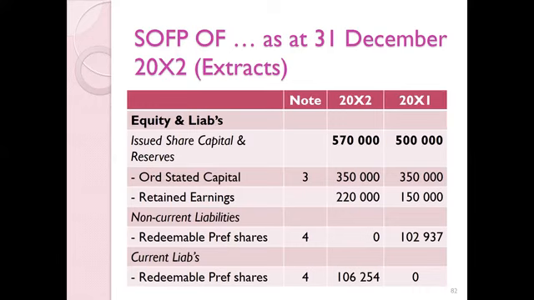financial position. As you can see, in 20X1 our redeemable preference shares at that stage were going to be paid in 2 years' time. So it was non-current, and that balance is equivalent to what was shown in our effective interest rate table. For 20X2, it then becomes current because we're going to pay it within the next financial year.